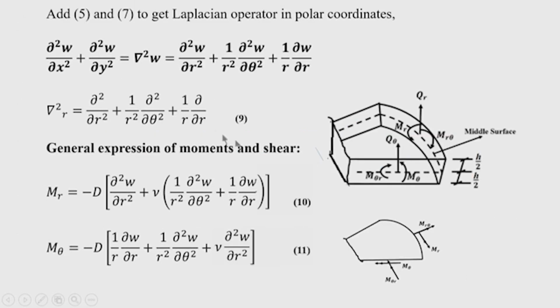So, after transformation we get the Laplacian operator in the polar coordinate system consisting of 3 terms: del square w by del r square plus 1 by r square del square w by del theta square plus 1 upon r del w by del r.